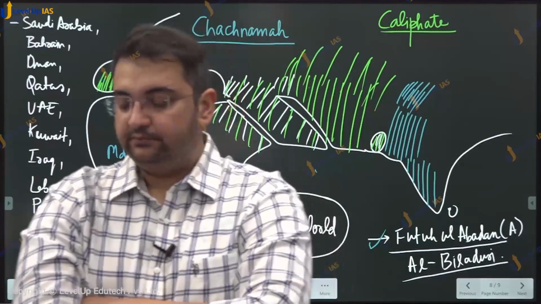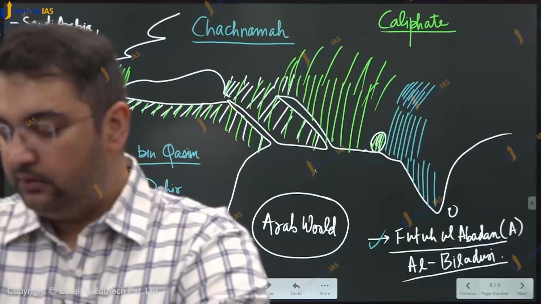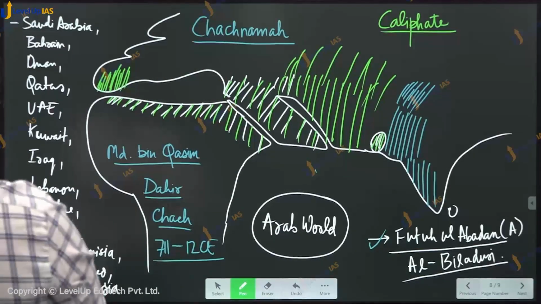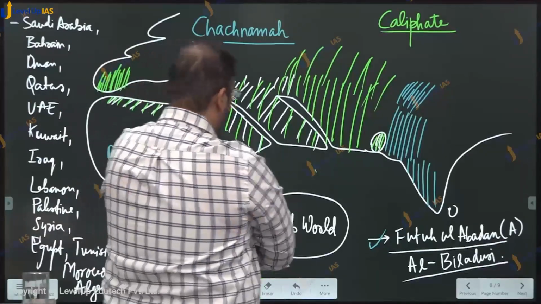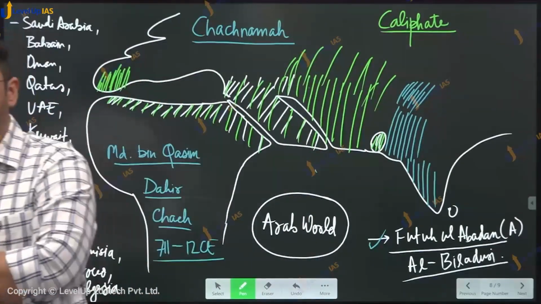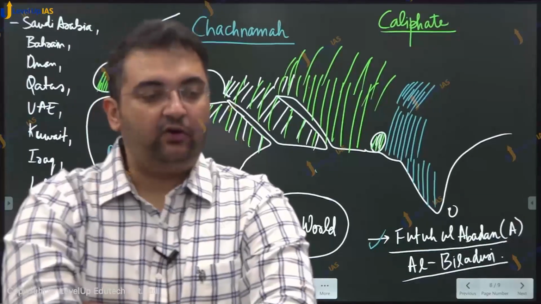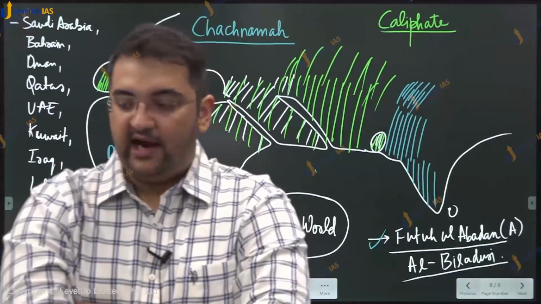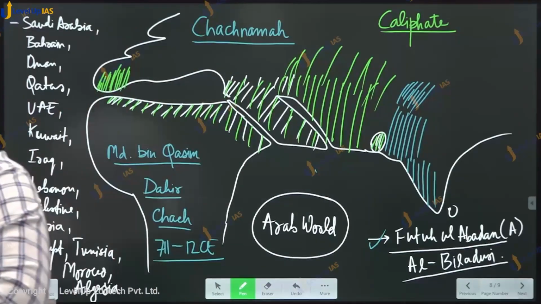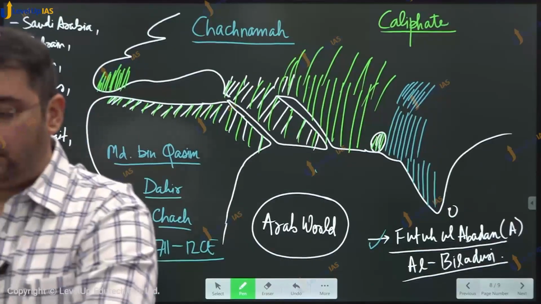According to the Chachnama, the Caliph at Baghdad wanted to punish the ruler of Sindh for his failure to prosecute pirates and robbers who had been harassing Arab travelers in his territory.